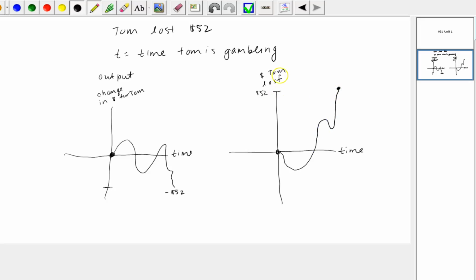But in the end, we could think of the dollars Tom lost as being a positive number because we're defining the output as the dollars he lost. So he lost a positive amount of money, or we could think the change in the money for Tom would be a negative number. Okay? So you can see why this would confuse students.